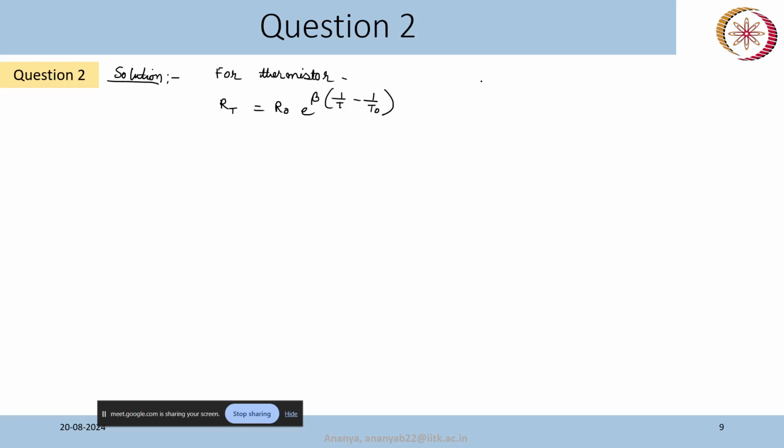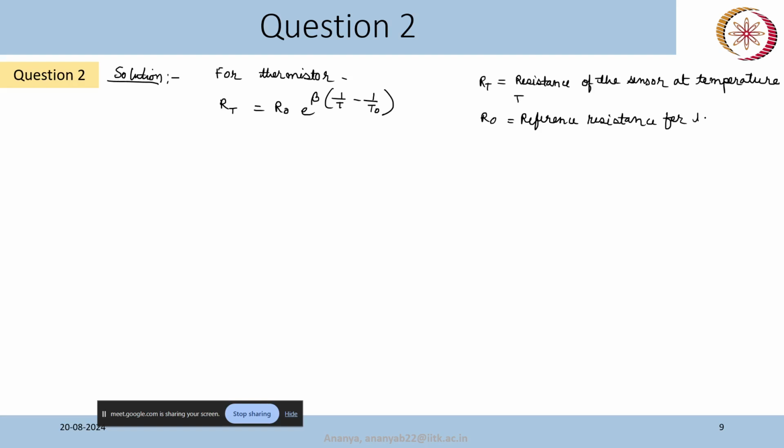Here RT is the resistance of the thermistor at temperature T. R naught is a reference resistance for the reference temperature T naught.